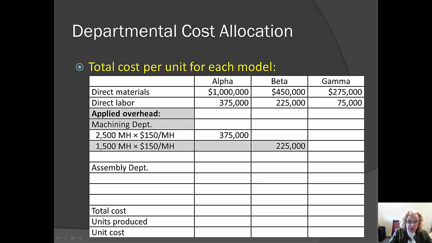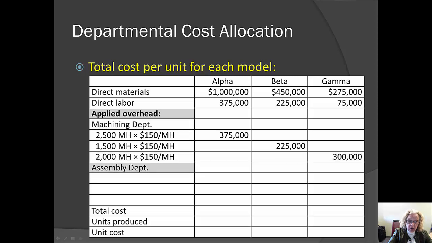We can do the same thing for the beta motors by multiplying the number of machine hours used to make the beta motors times the $150 per machine hour allocation rate. And we can do the same thing for the gamma motors.